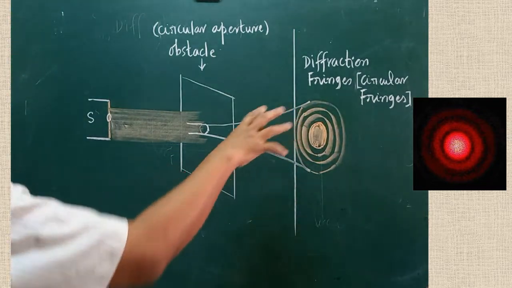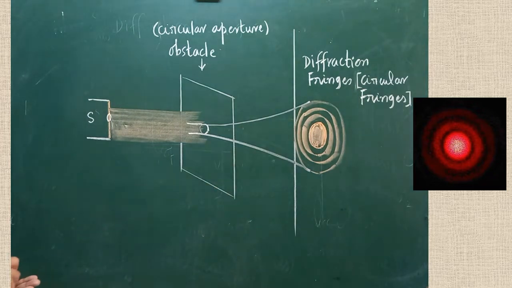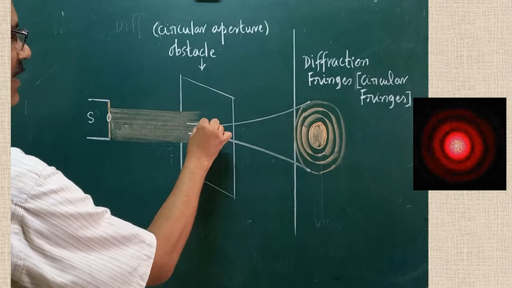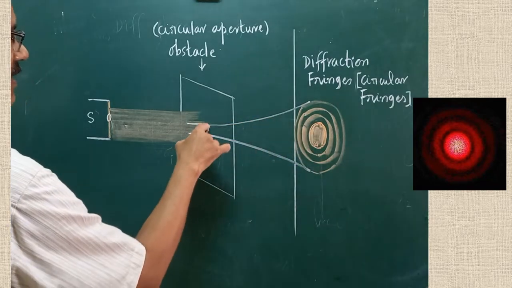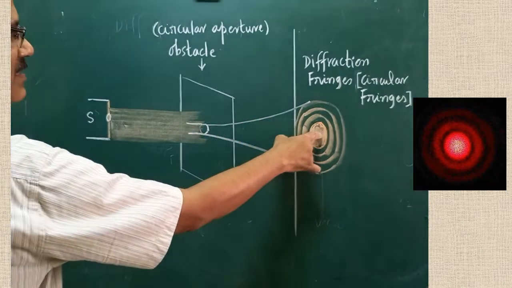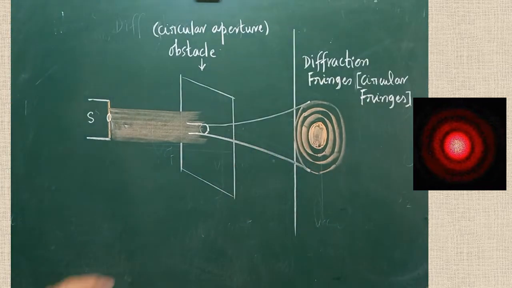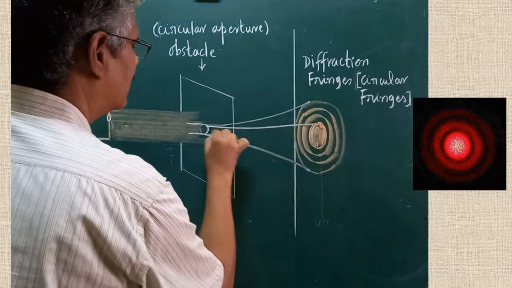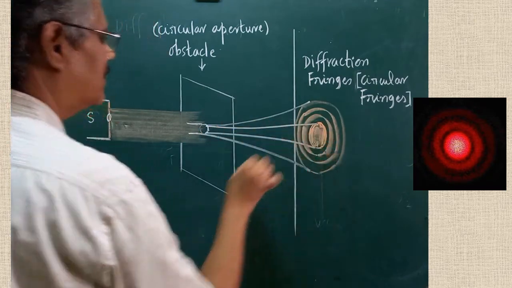They are circular in nature. Look at the middle portion of the circular fringe. This portion is illuminated as a central circular region. You can extend the line and you can see the portion here.